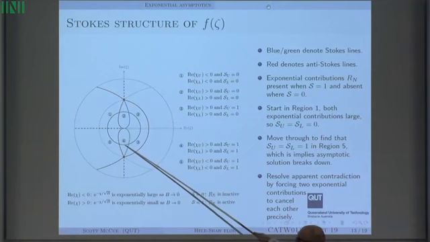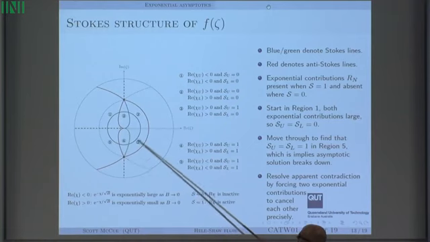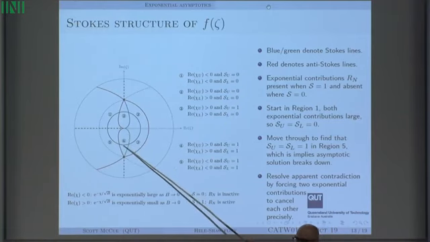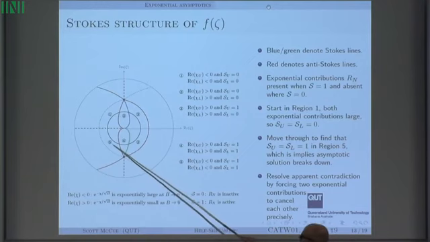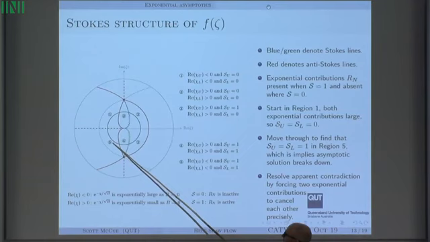But then when I cross the other Stokes line, the second of the contributions, the one from this singularity, is switched on. So now both of these small exponentials are switched on in region 4, and as I cross the anti-Stokes line, they both switch from being exponentially small to exponentially large, and I'm left with these two exponentially large contributions again, and I don't want that.